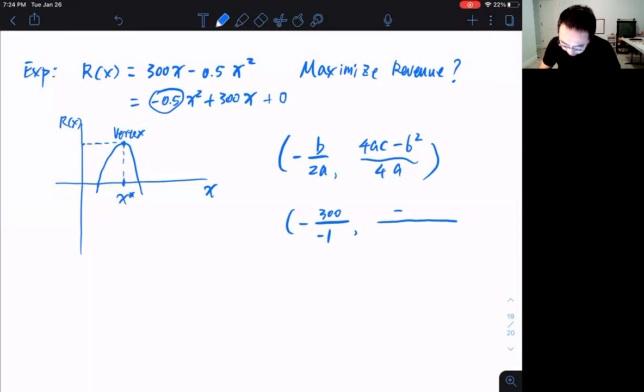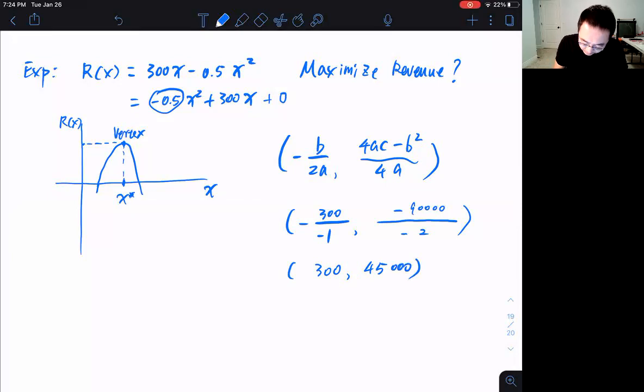Then you have negative b squared, which is negative 300 squared, which is negative 90,000, divided by 4a, which is negative 2. That then becomes 45,000. So this tells you the ideal number of days to rent out is 300 days a year, and your revenue when you rent out 300 days a year is going to be $45,000. That's what your cousin's Airbnb problem comes to.